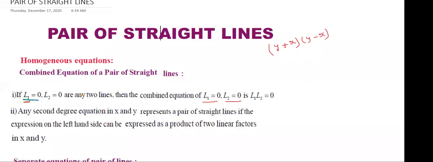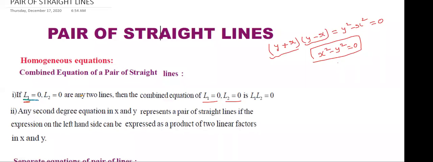The product of these two lines, what do we get? (a plus b) into (a minus b), a square minus b square is equal to 0. Finally, this is x square minus y square is equal to 0. This is one pair of straight lines.